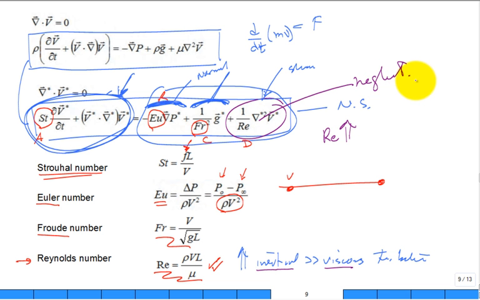If that's neglected, basically you're saying it's frictionless flow, or inviscid flow. And without that term, you have not the Navier-Stokes equations, but a predecessor before it, the Euler equations. Okay.